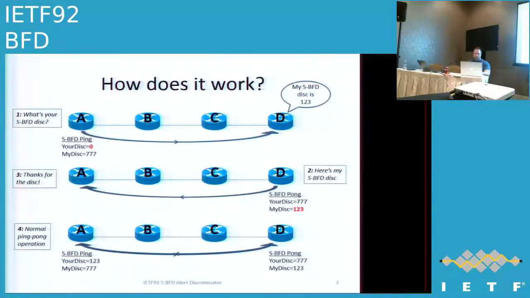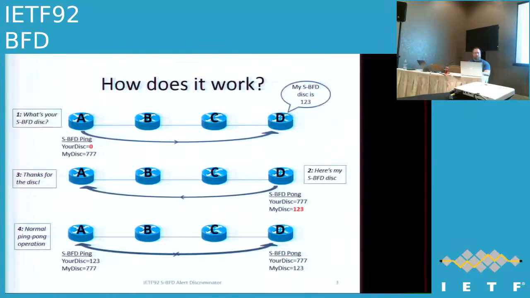So now you find that there is a need to do dynamic discriminator discovery, and it brings back the whole BFD process. So then it would not be SBFD, it would be just BFD, because we're kind of going in a circle. We started from 5880, we took out the discriminator negotiation process, we got to SBFD. Now we're adding this alert functionality to learn the remote discriminator dynamically, and we're coming back to 5880.